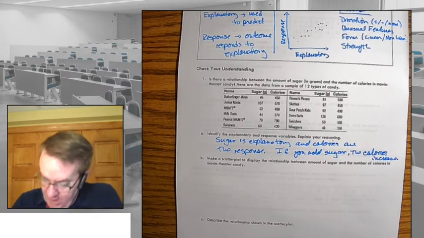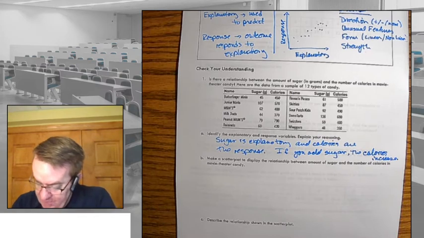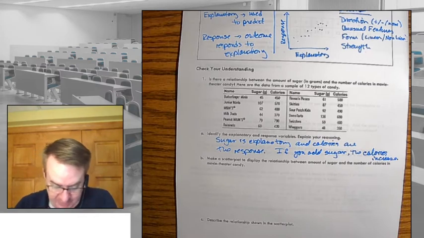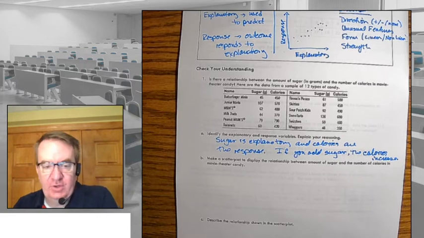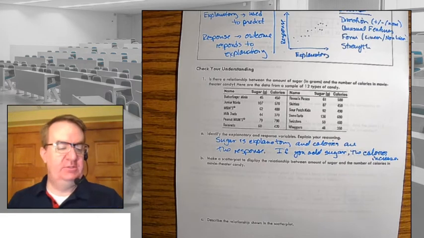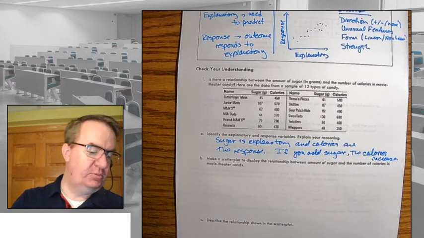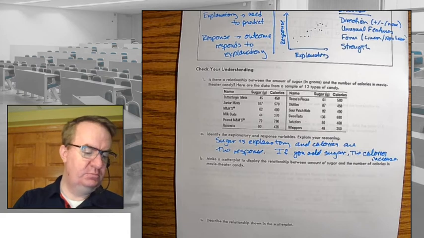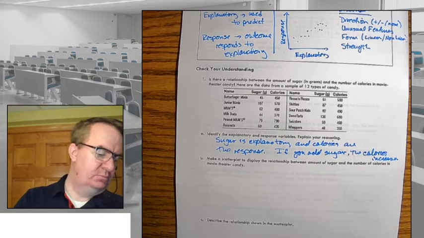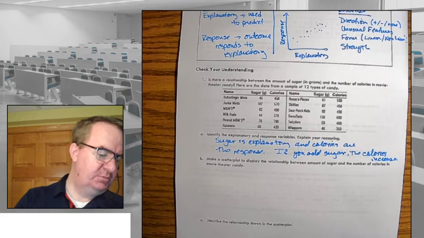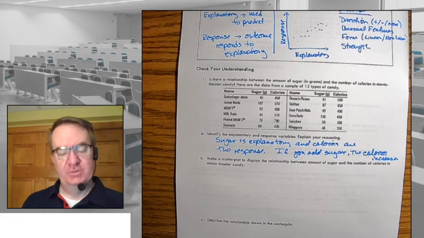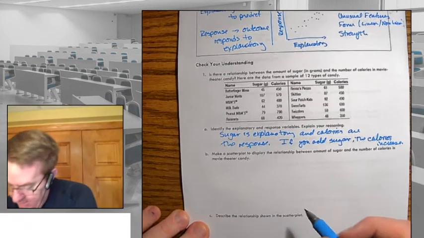Okay? Make a scatterplot to display the relationship between the amount of sugar and the number of calories in movie theater candy. When you do that, you're going to get something that looks like this. All right, I'll do this quick.